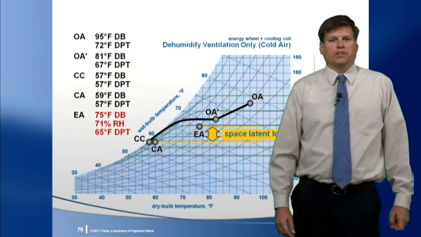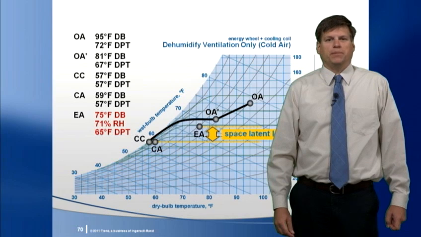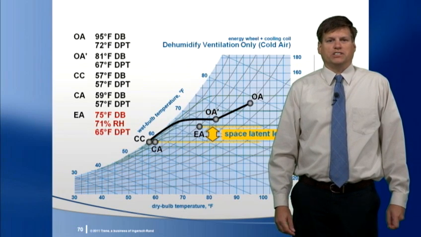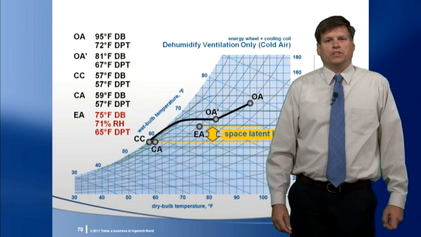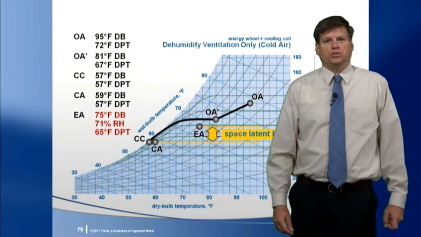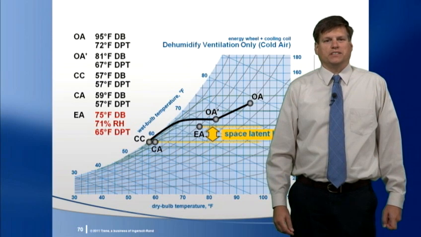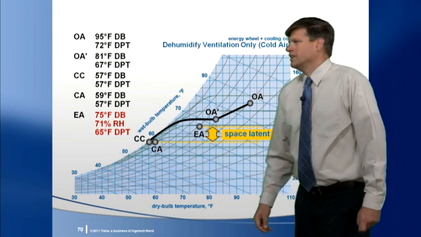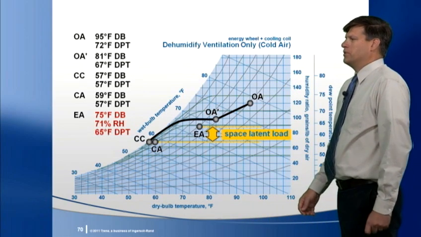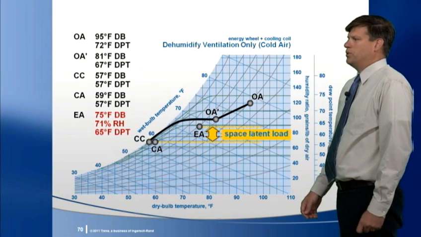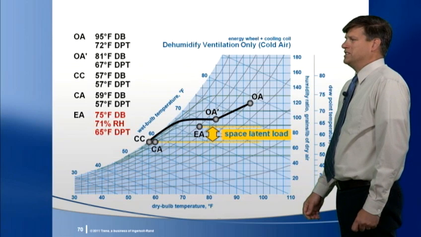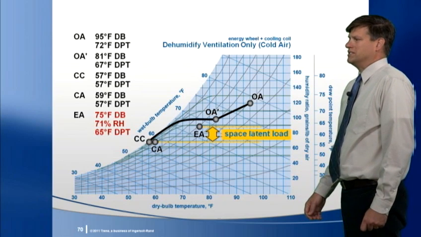Based on the chart I showed earlier, if this is the classroom where we wanted to keep the space below 55% RH, the dedicated outdoor air unit would need to provide 46-degree dew point air to remove all the space-latent load. In this case, with the outdoor air being delivered only at a 57-degree dew point, the actual relative humidity in the space will be higher than 55%.